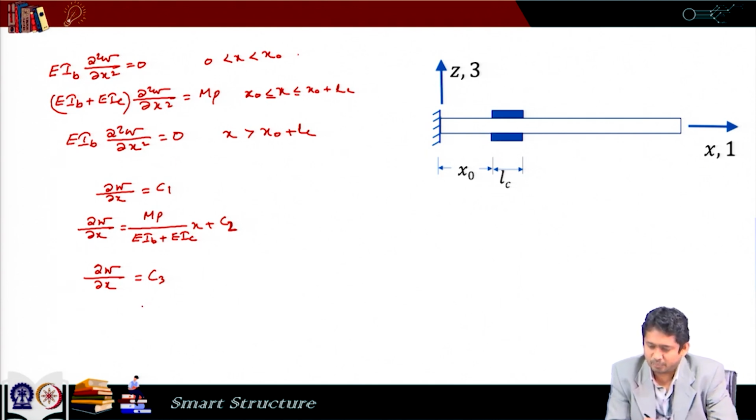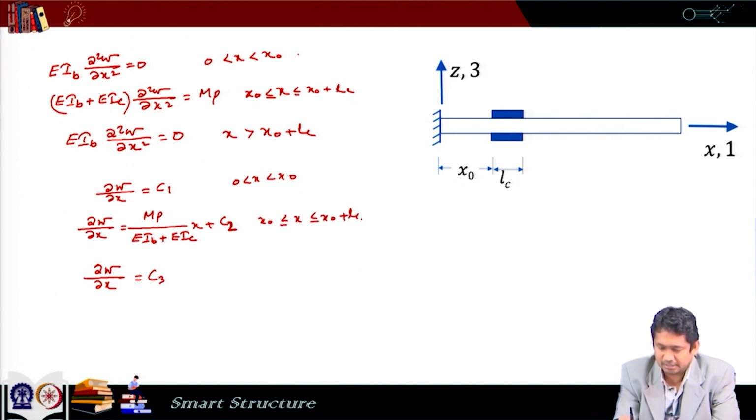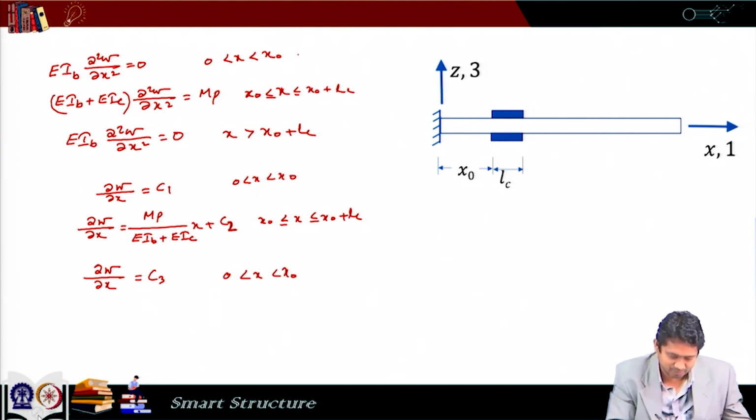And now we can again integrate it once more. So, this is when x is between 0 and x0, this is when x0 is between x and x0 plus LC, and the last one is when x is beyond x0 plus LC.